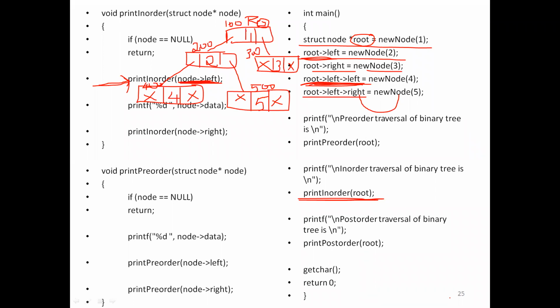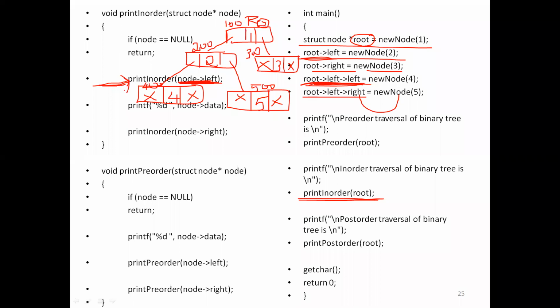Please be attentive in the class, because it's important. I'm not asking about the data field. I'm asking the exact value. What is the exact value? I hope you see where I'm pointing, right? I'm pointing in the print in order.